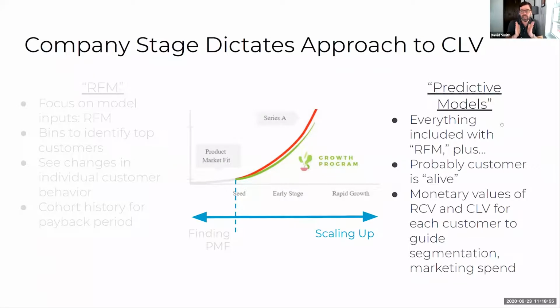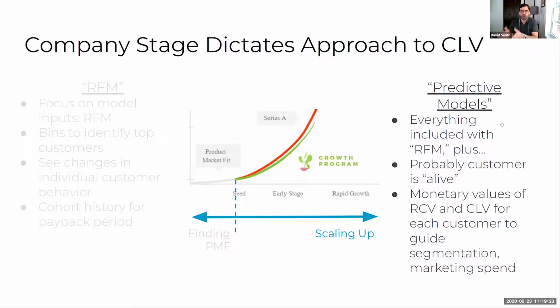You generally want to take this approach when you have achieved product market fit, you have a growing number of customers, and a longer time in market. So you have customers with long customer histories, and you have a lot of customers. Having all this data helps you build better predictive models.